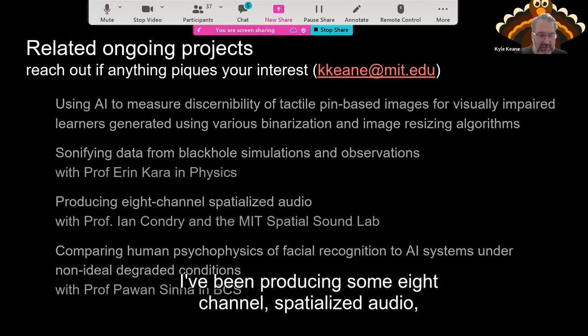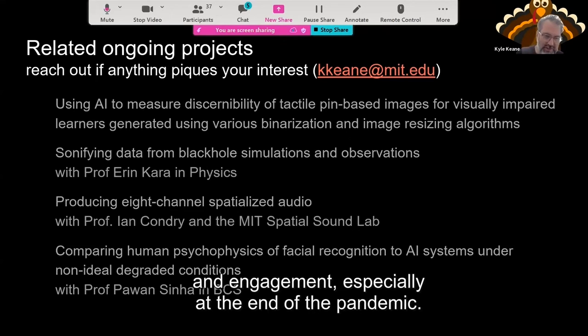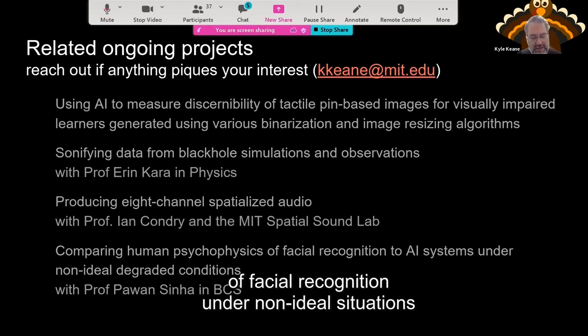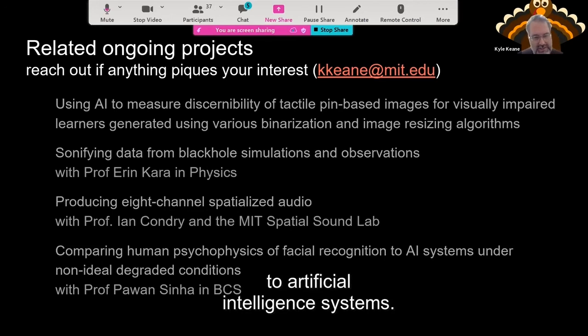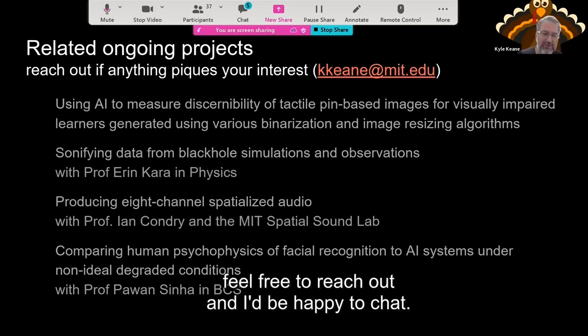I've been producing some 8-channel spatialized audio, mostly for wonderful social emotional learning and engagement, especially at the end of the pandemic, and comparing some human psychophysics of facial recognition under non-ideal situations to artificial intelligence systems. If any of those pique your interest, feel free to reach out and I'd be happy to chat.